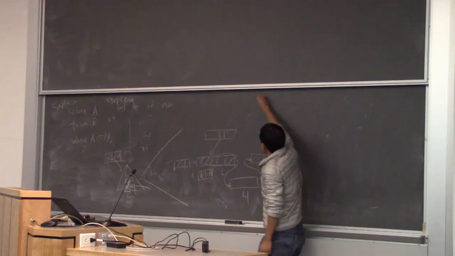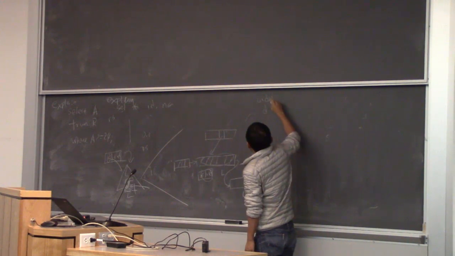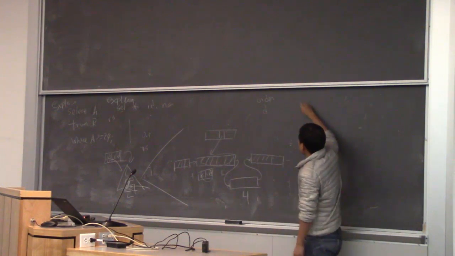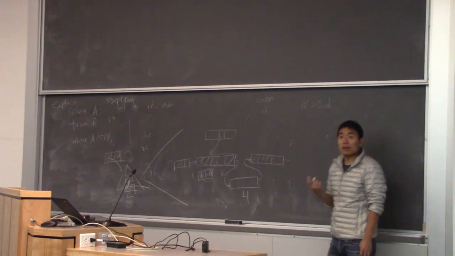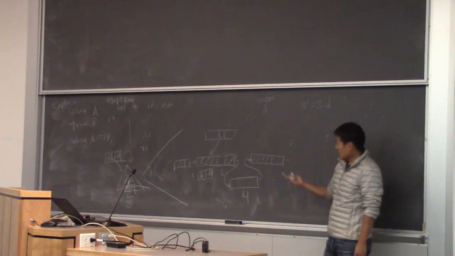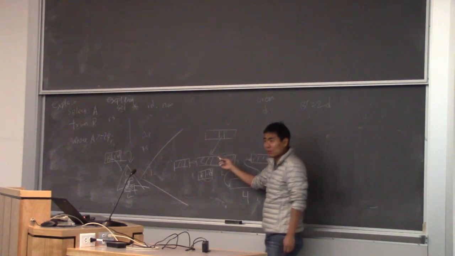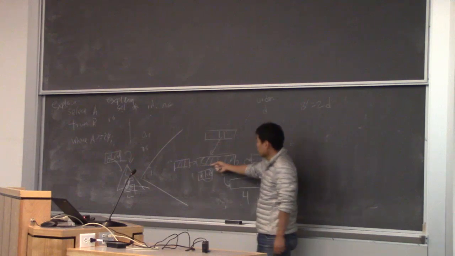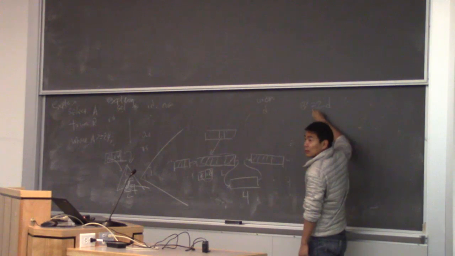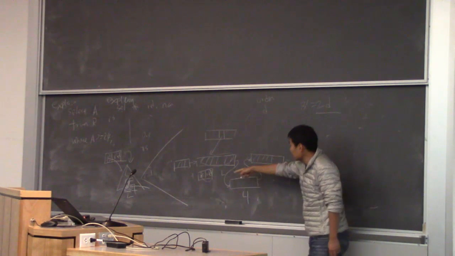Well, suppose the order is d, so the max capacity d prime is essentially 2d by the definition of order, right? And how many entries do I have in this case? By the fact that this is completely occupied, you have this many entries to begin with, plus the new entry. So you have 2d plus 1 entries.